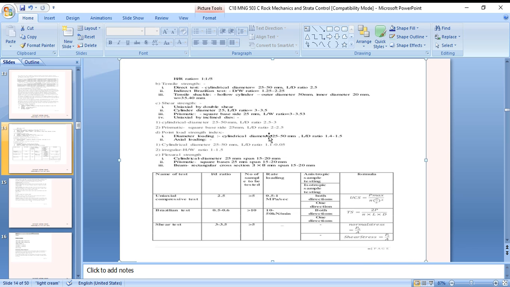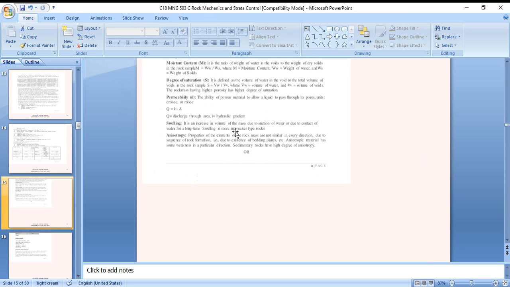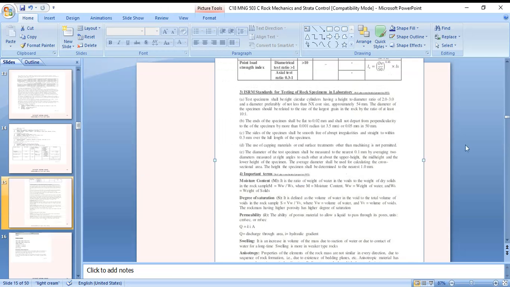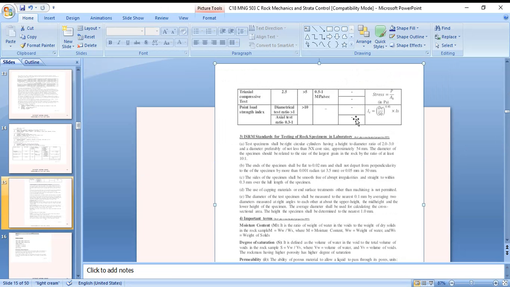Direct test, cylinder diameter; indirect Brazilian test, tensile; hollow cylinder, outer diameter; uniaxial and double shearing cylinder diameter. L by D ratio, the cylindrical diameters and approximate diameter of the loading are given here in this table. Triaxial compressive test is 2.5, more than 5, 0.12 megapascals, stress is force by area in pascals.